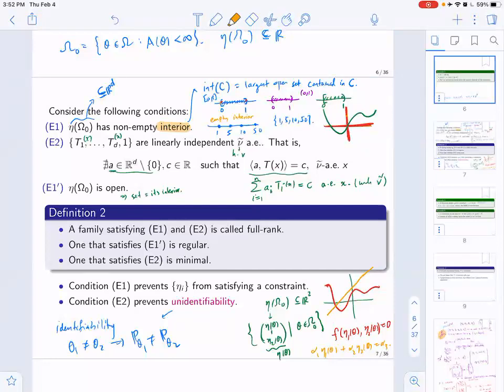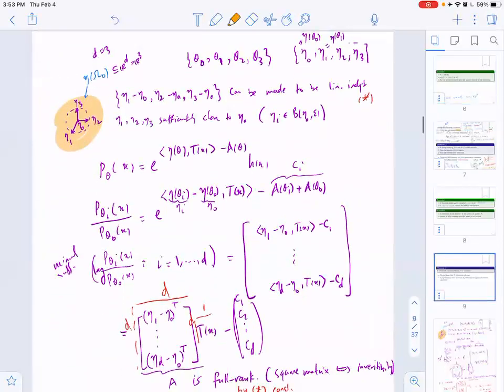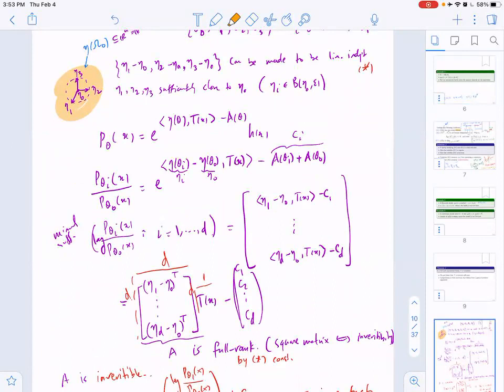So let's say if eta is constant, what would happen? What condition is violated? E1 prime is violated. E1 prime is violated, E1 is also violated. Yeah, right. So the entire Omega_0 will be mapped to a single point, and a single point is not open in basically any of the R^d. So E1 is violated, and you could expect that the family is not minimal.